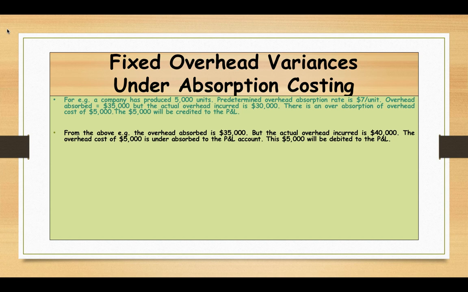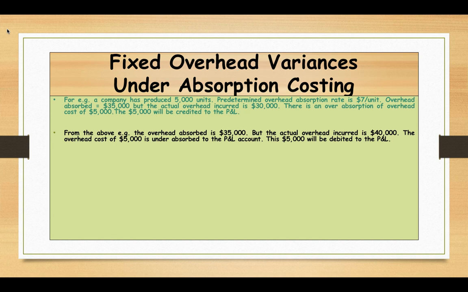So on the other hand, we are going to see the under absorption of overhead. So we are going to use the same example. The overhead absorbed is $35,000, but the actual overhead incurred is $40,000.